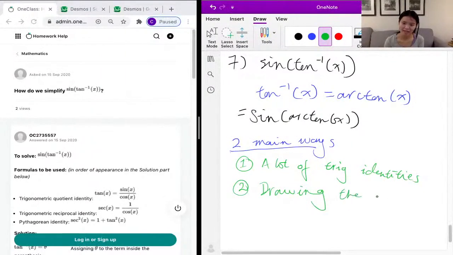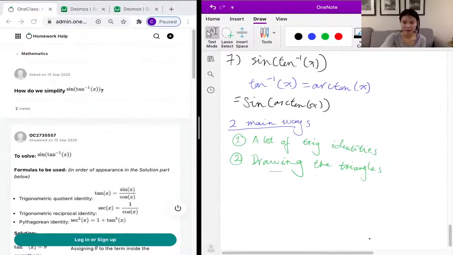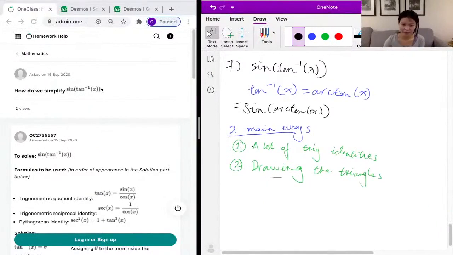I think it probably has a fancy name, but I just like to call it drawing the triangles because it sounds more straightforward to me, and it is a really straightforward way of solving this problem. So I'm going to solve the problem using the second way, the more straightforward way.